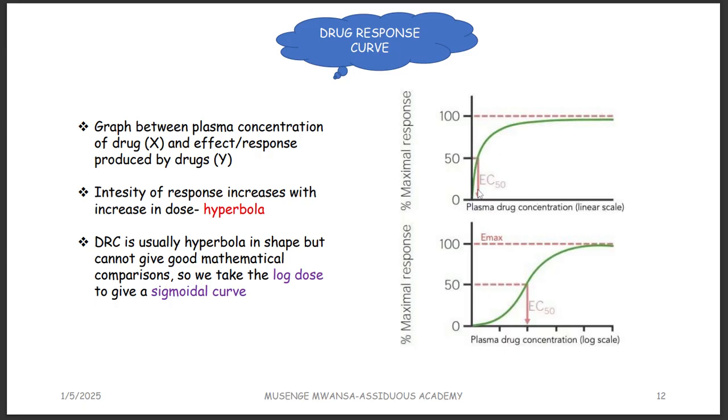And then there is a certain concentration of drug that I'm going to give that will produce half the desired effect, or half of the maximum effect. That is known as EC50. Okay. And then the maximum point. So there's going to be a point where you reach such that even when you increase the concentration of the drug, you can't produce any further effect, because you have reached the maximum of the effect that you can produce.